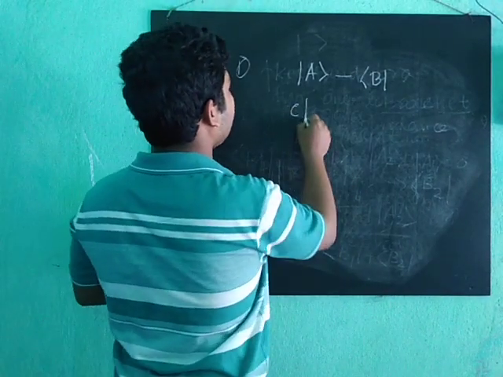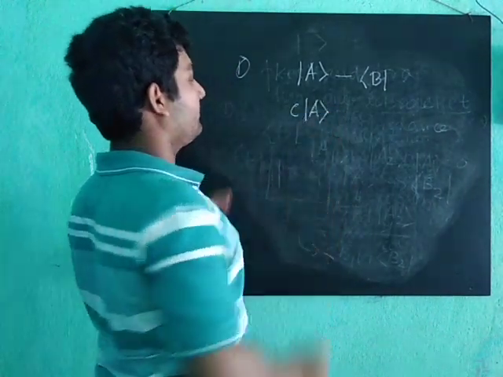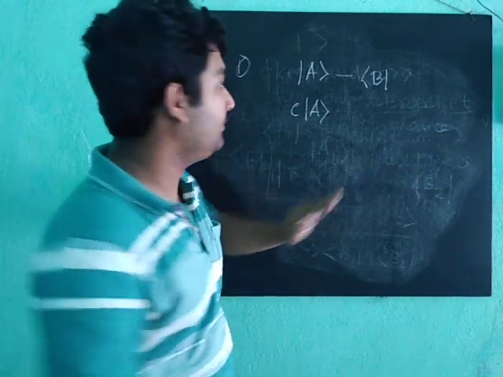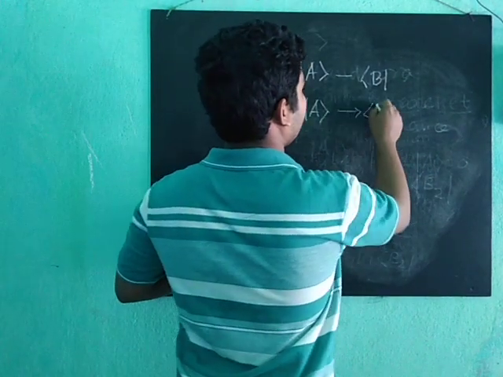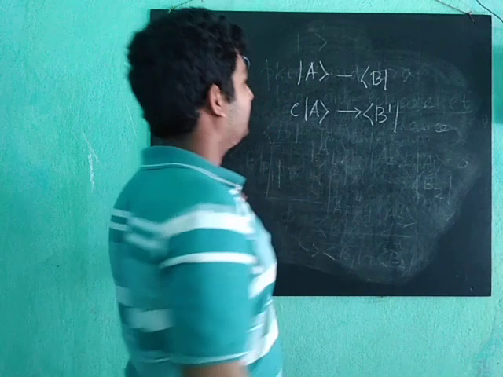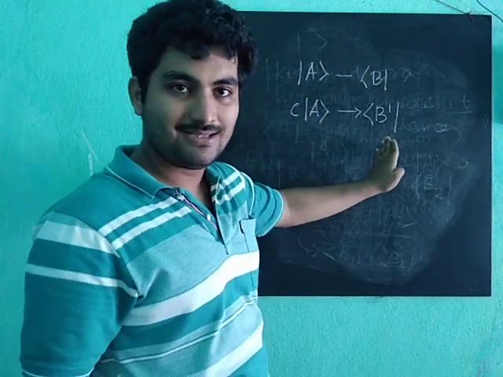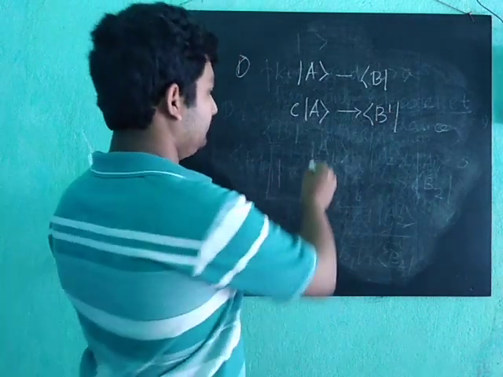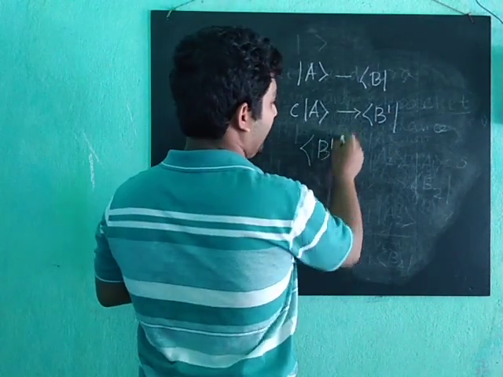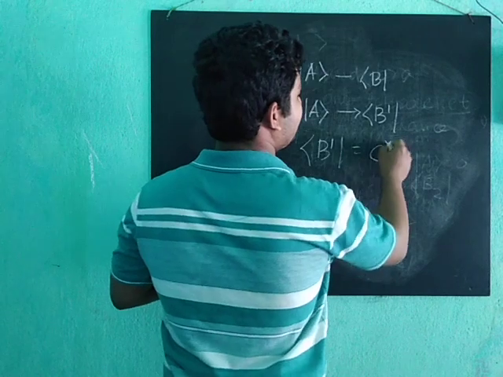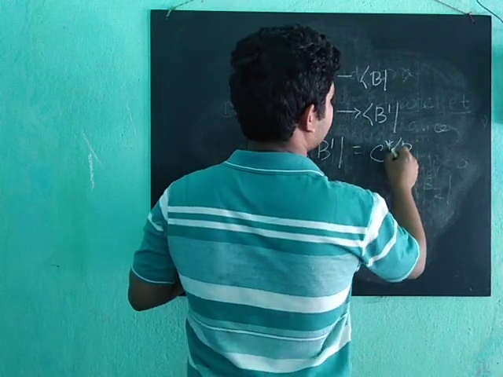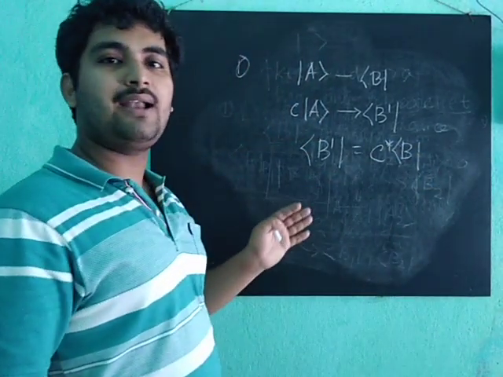So CA has a bra vector which is, suppose, B dash. So A has a bra vector B and CA has a bra vector B dash. We assume that the bra vector B dash will be C star B. This is our assumption.